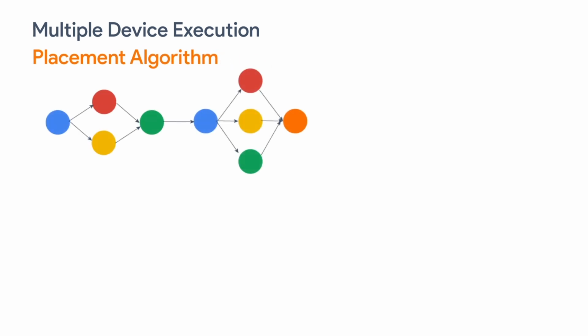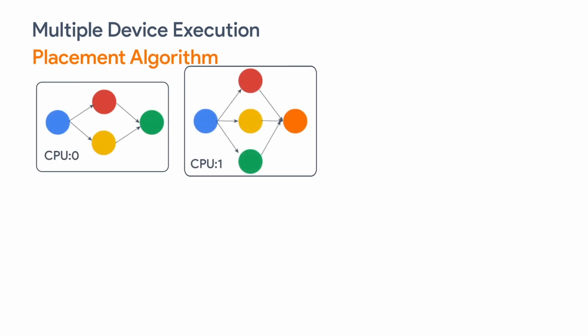TensorFlow uses a placement algorithm to distribute the data flow graph to available devices. This placement algorithm uses a cost model, which contains the estimated size of input and output tensors as well as estimates of the computation time required for each graph node.